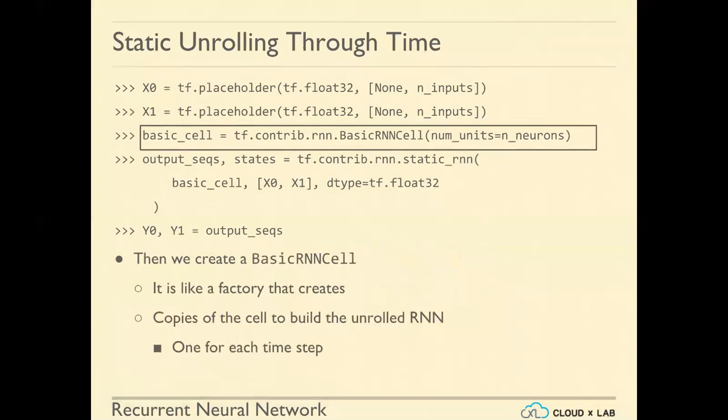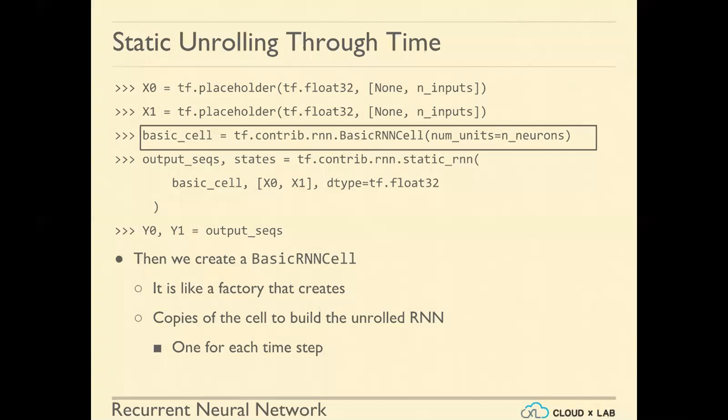You can think of this as a factory that creates copies of the cell to build the unrolled RNN. So you will be using this for creating more and more cells, and that will be used for creating the feedback.